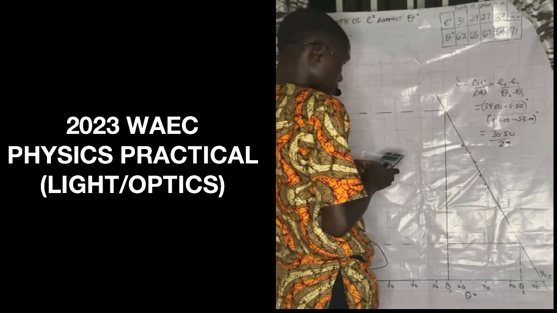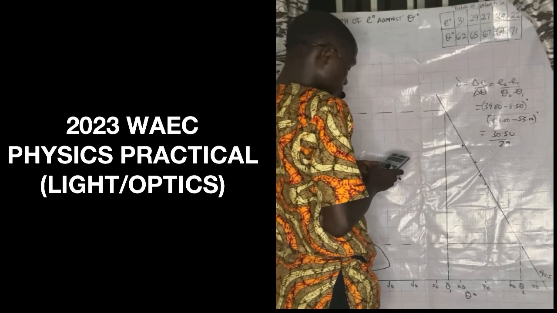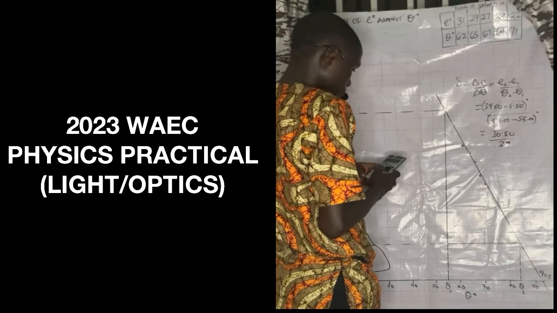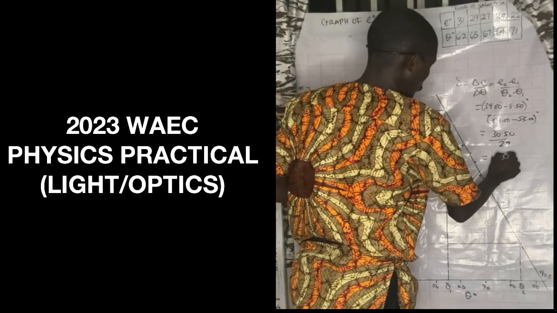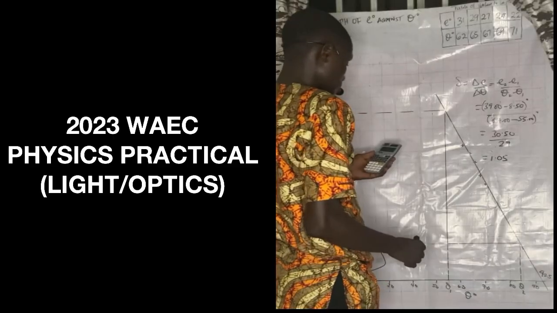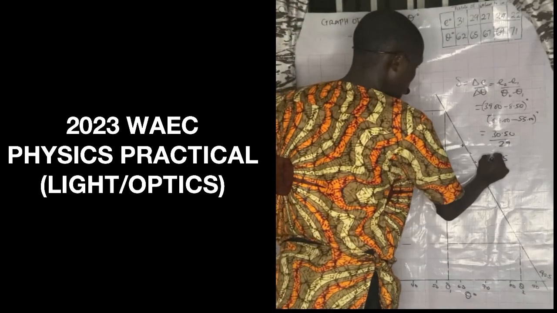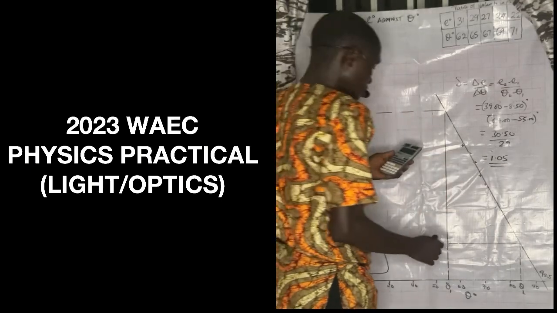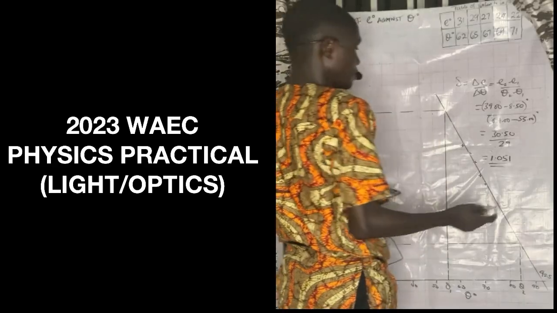So 30.50 divided by 29 is going to give you 1.105, depending on what you get. So 1.1051 for your slope.